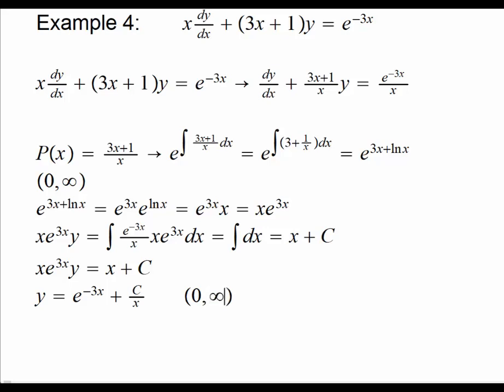That's what we had assumed. And at the same time, notice that we have c over x, and I think I should have had an e to the negative 3x here as well. So that's our solution with this as domain.